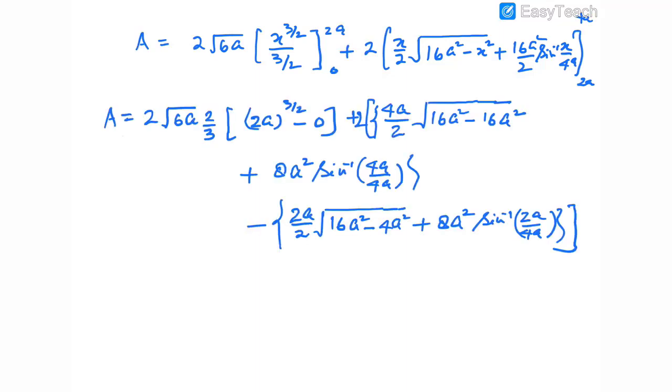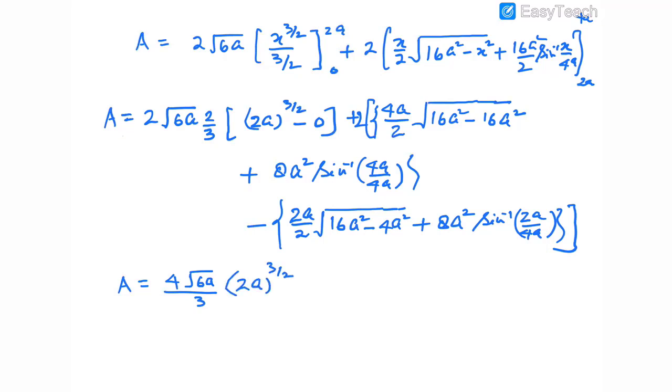So after putting the upper limit and the lower limit, we have this expression, and simplifying, we get 4 root 6a by 3 into 2a power 3 by 2.